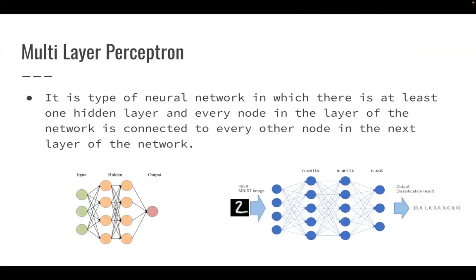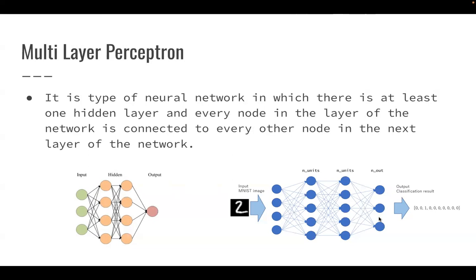All right, now let's see what is MLP. So MLP is a special kind of neural network in which there is at least one hidden layer, and every node in a layer of the network is connected to every other node in the next layer of the network. Here you can see the architecture of MLP for regression as well as classification tasks. For regression, we just have a single output, which is our final value.